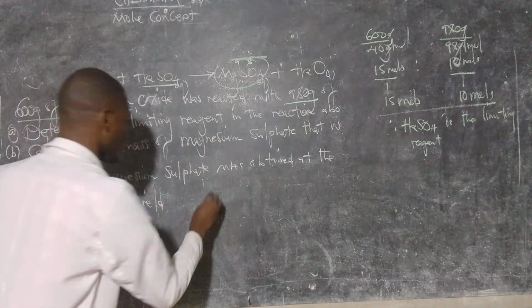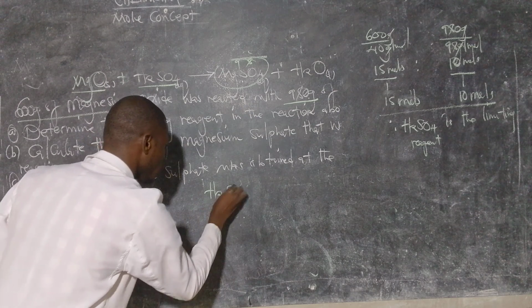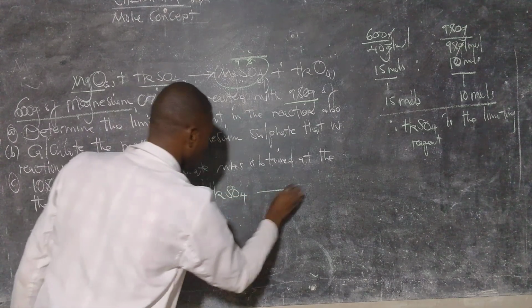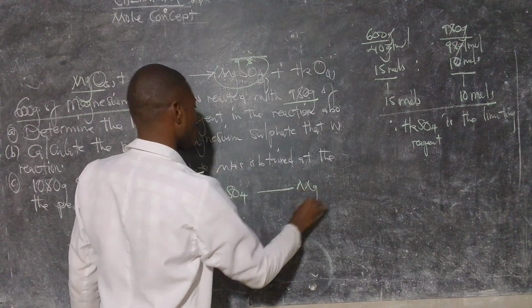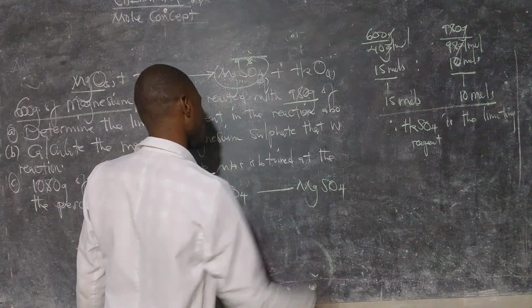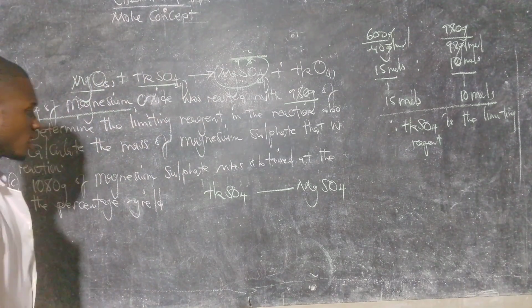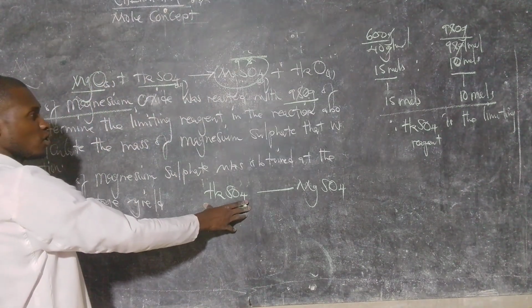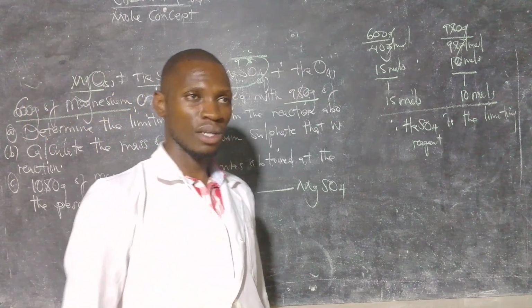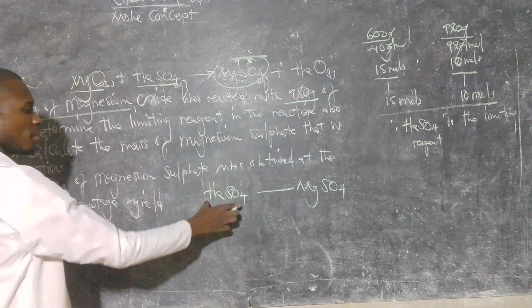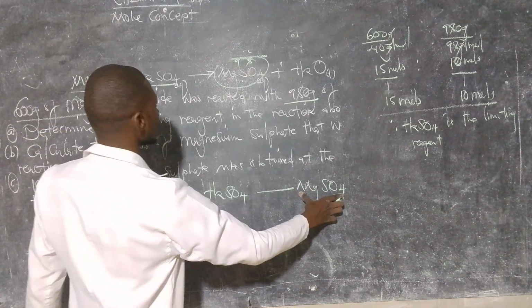Therefore, we will say H2SO4 will be equated to now the product magnesium sulfate, which is a salt. So now this one, we're going to answer mass to mass calculation in a shortcut way. We're going to find the mixture for this one, the mixture for this one.